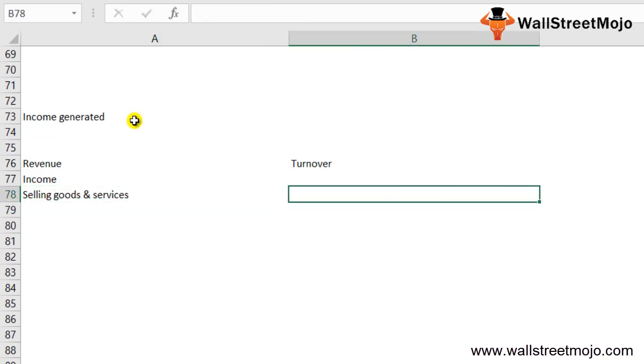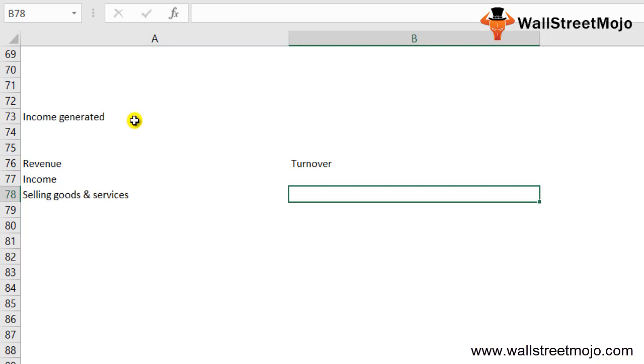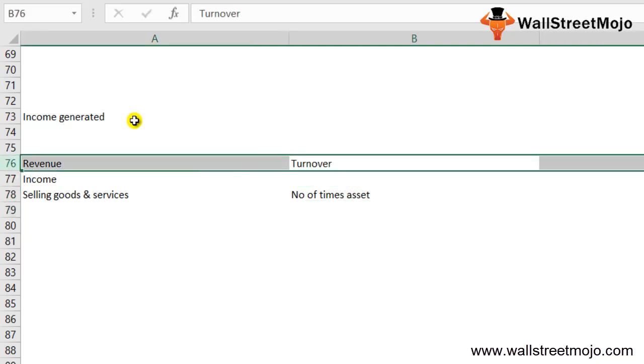This is your income. What is your turnover? Turnover refers to the number of times the company earns the revenue with the help of the assets it has purchased or generated in the business. That is the difference between revenue and turnover.